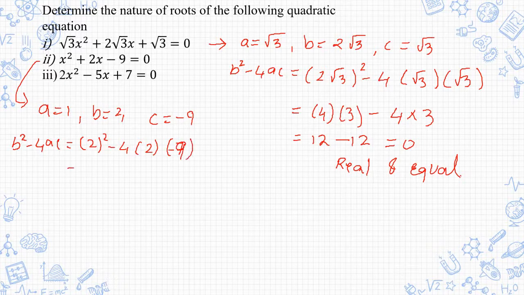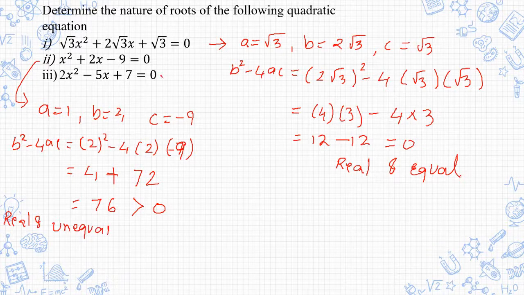So the square of 2 will be 4 minus, and this minus and minus will become plus. So this will become 4 into 1 into 9, that is 36. So 4 plus 36 will give you 40, and this is positive or greater than 0. So here you can say that the roots of this quadratic equation will be real and unequal.